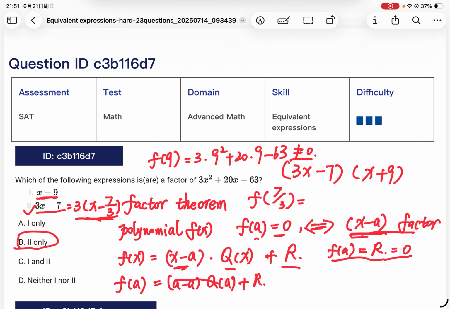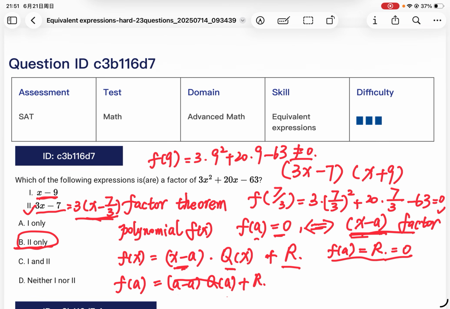You can use your calculator to do 3 times (7/3) squared plus 20 times 7/3 minus 63, and you should have 0 here. Then we get that 3x minus 7 is a factor of this polynomial, so we get the same answer choice of B here.